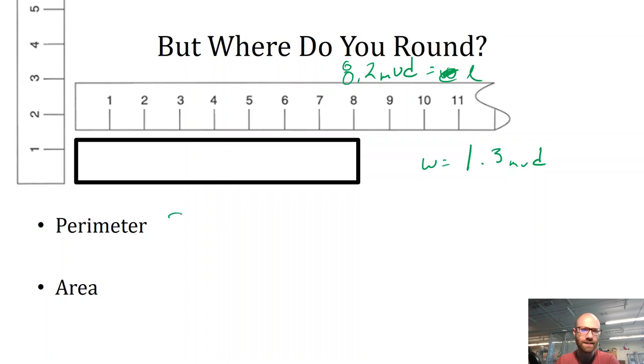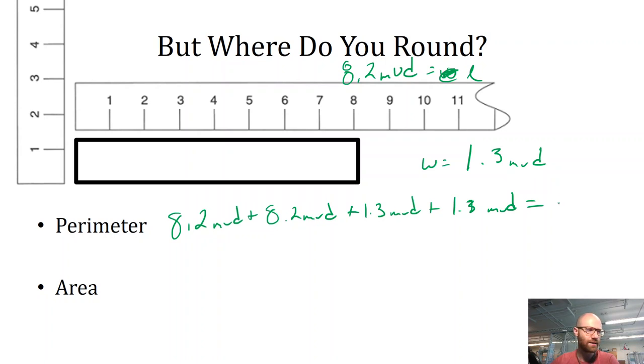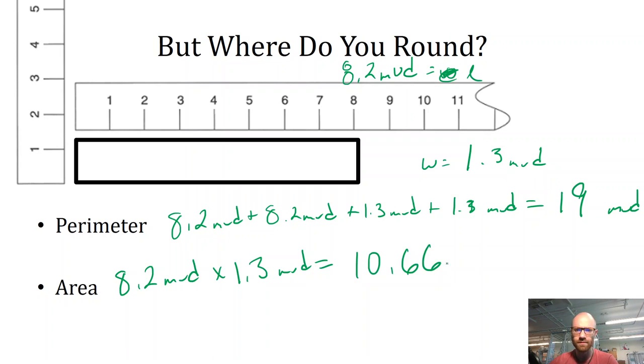So we can write this out, and we can calculate that as 19 mud. And then for the area is length times width, 10.66 mud.